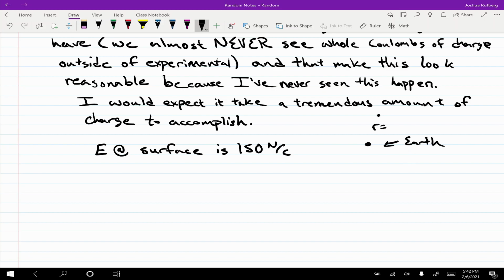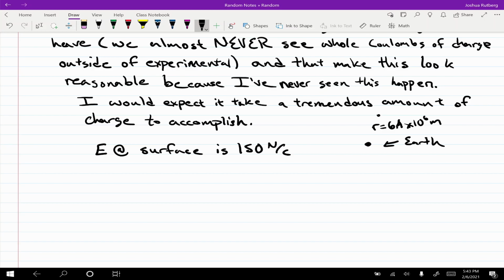So that R is, I want to say 6.3 times 10 to the 6 meters. Let me just double check that. Radius of Earth, 6.371 million meters. So I can round and say 6.4 times 10 to the 6 meters.